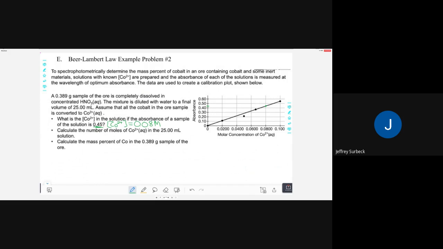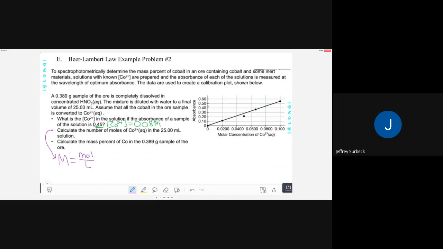For the second part, we got big M. What does big M mean? Molarity. Okay, so now big M equals what divided by what? There we go. Moles over liters.